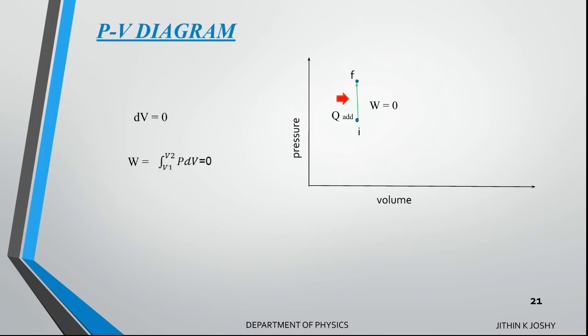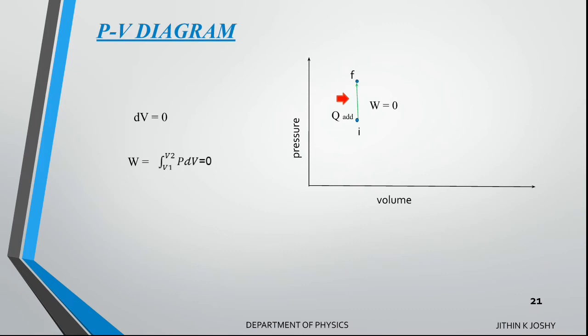Since we have two states, volume 1 and volume 2, we have to use integration. So W is equal to the integral from V1 to V2 of P dV. We know that V1 is equal to V2, so the change in volume dV is equal to 0. So the work becomes 0.